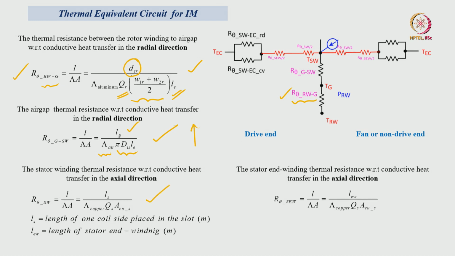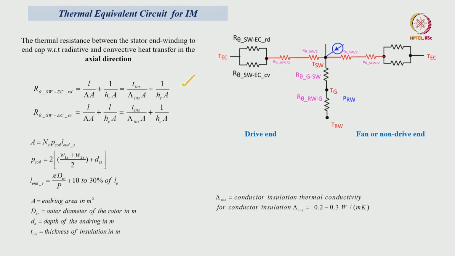In the same manner we can calculate the thermal resistance for the stator winding in terms of stator copper area, for the total number of slots Qs into AC copper area. Then from the stator winding to the end cap, in radiation as well as convection manner, we can see here through insulation, like the conductor has insulation, right, that insulation thermal resistance and radiative thermal resistance.